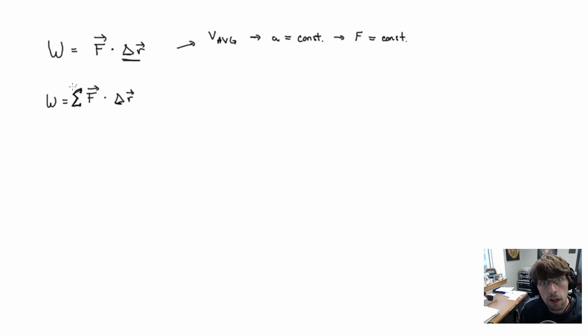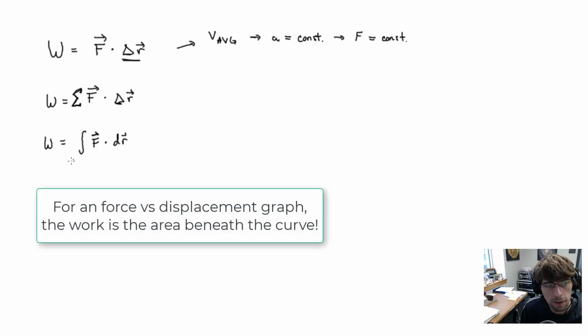Of course, those of you that are familiar with the calculus notation, we could instead write this in terms of calculus as work is the integral of F dotted into dr, the infinitesimal displacement. And this would be the most generic definition that you have.